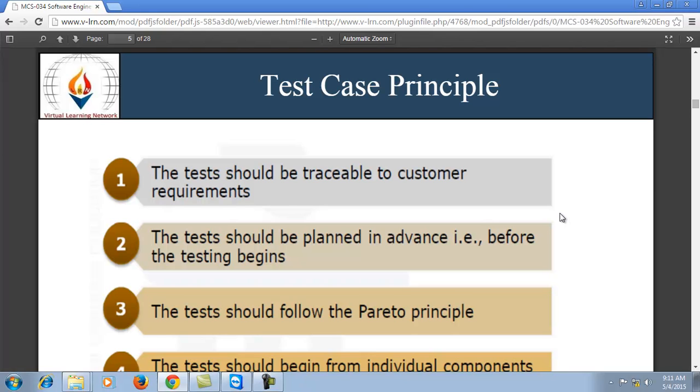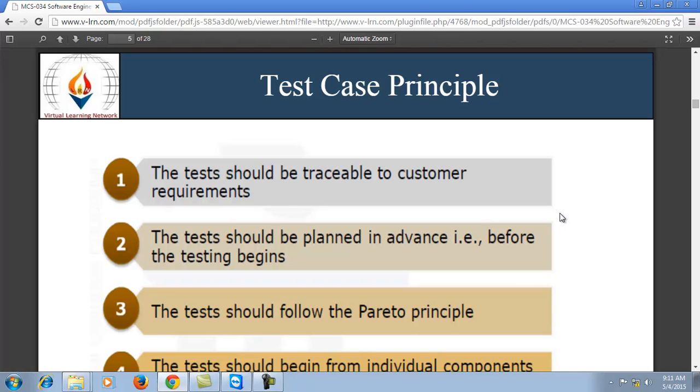So the test should be planned in advance. The next principle focuses on that whatever testing you are about to do on the software or system, it should be planned earlier. This is another important test case principle.